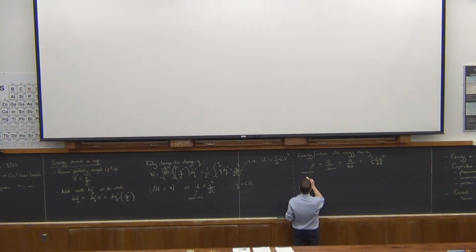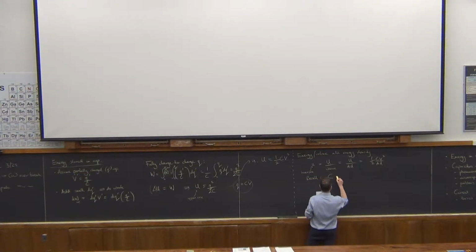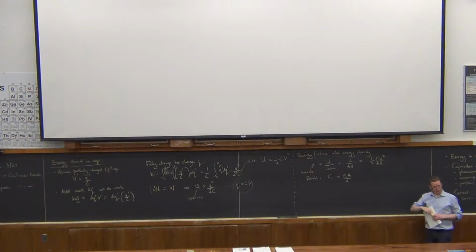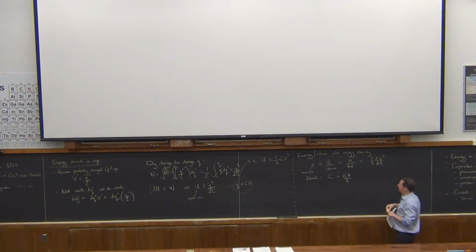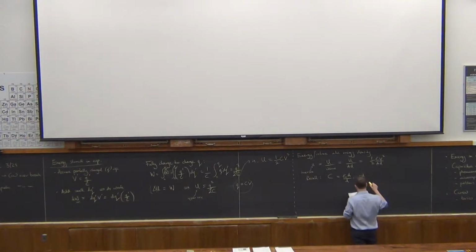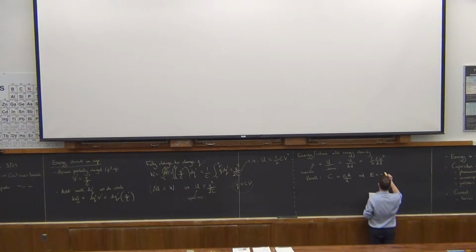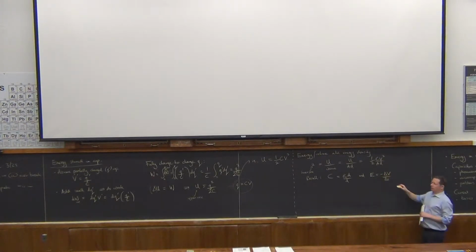So there's that. And I'm just going to play around with this a little bit. First off, I'm going to remind you that, as we learned last time, the capacitance of a parallel plate capacitor in terms of its physical parameters is that. And the other thing I want to remind you of is that E is, okay, I'm going to write it in this way, minus delta V over delta S, so just a change in potential over some path length that I'm traversing.